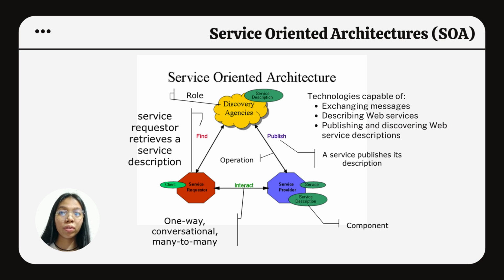Agents can be both service requesters and providers. Providers are responsible for publishing a description of the services they provide, and requesters must be able to find the descriptions of the services. The web service operations are publish, find, and interact.